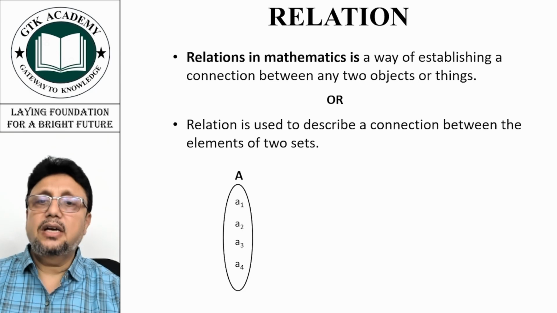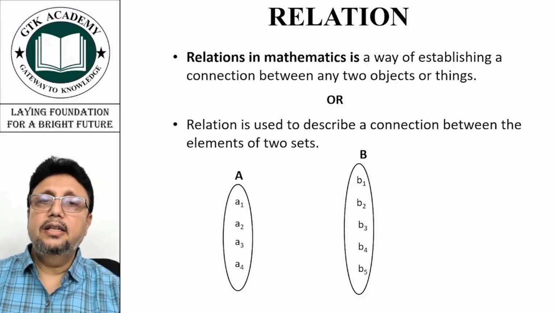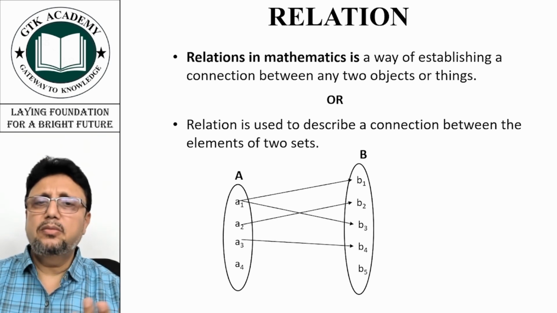For example, this is a set A where we have elements a1, a2, a3, a4, and there is a set B where we have elements b1, b2, b3, b4, b5. Suppose a1 corresponds to b1, a1 corresponds to b3, a2 corresponds to b2, a3 to b4. There is maybe some kind of relation. So this is a relation which we can show like this.